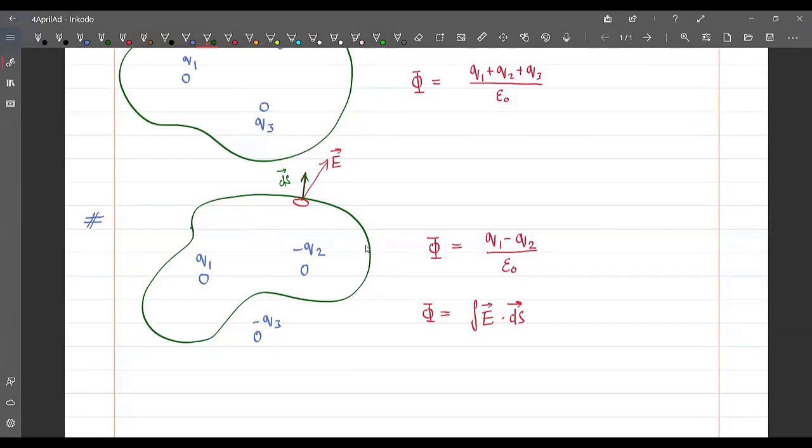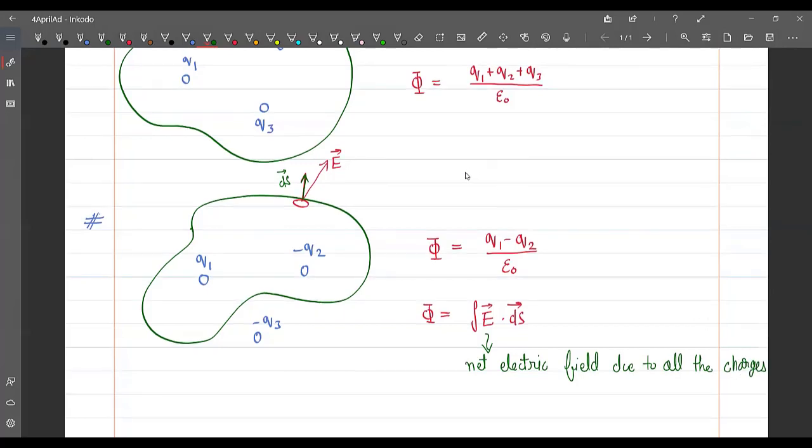That seems to be the case, but it's not like that. This electric field here is the net electric field due to all the charges. I'll explain how this comes. First, let us understand what this law says.